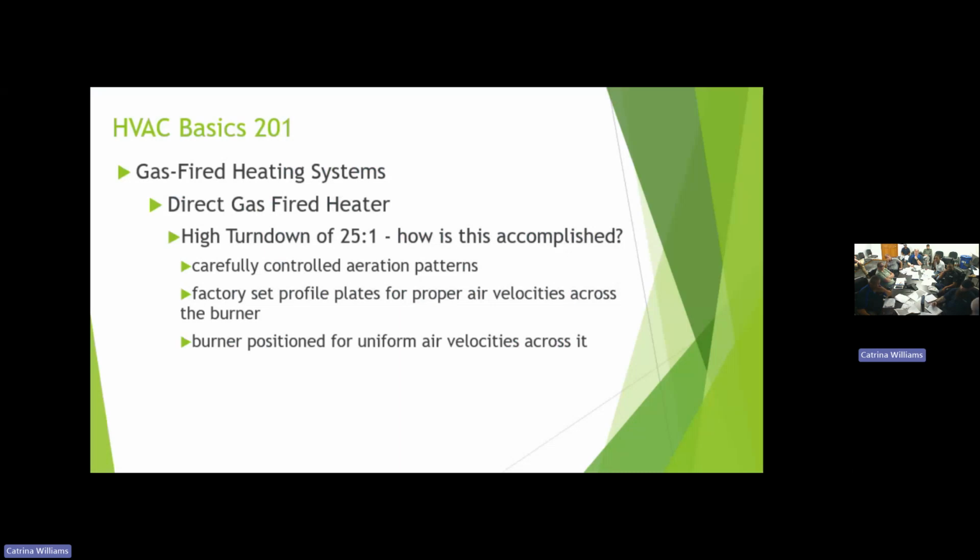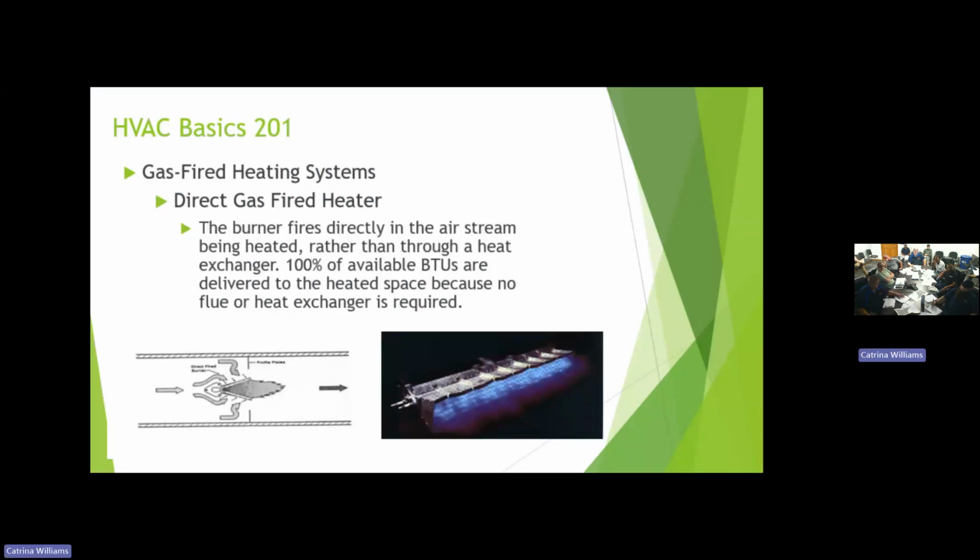So going back to this picture here again, I know you can't see it, but I can try to point it out. On these stainless steel plates on the burner, near the cast iron pipe here, there are very, very tiny holes. The reason is for a low fire, you don't need that much combustion air.